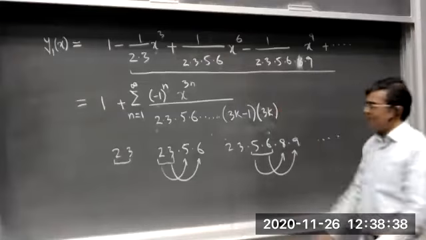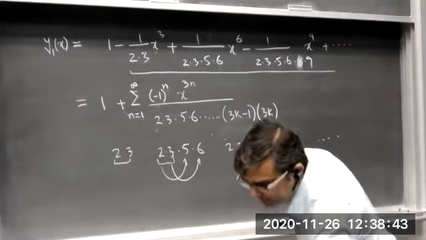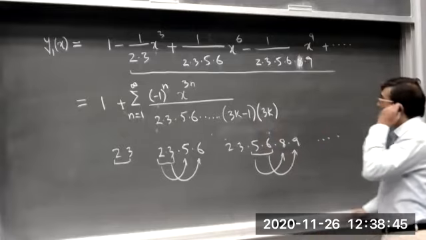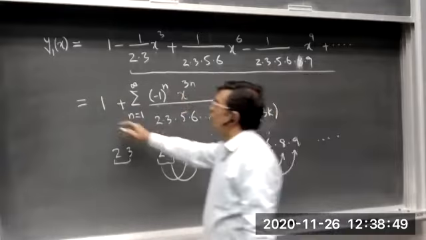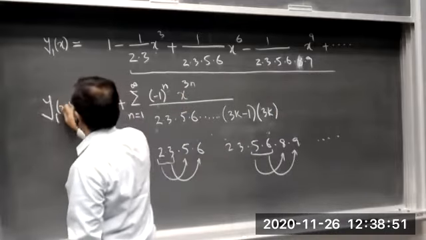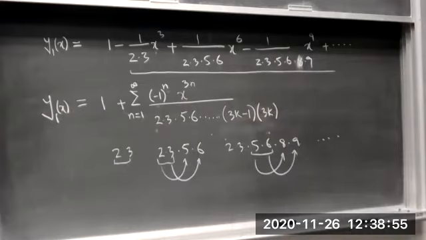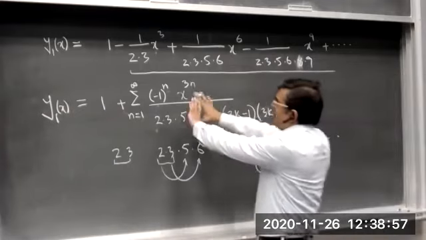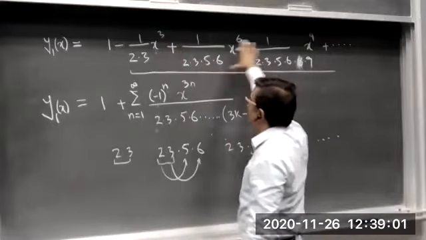Yes, absolutely correct. So this is basically the general term of the first series. In order to generalize, in order to write the nth term of the series, you have to look at the pattern of each term.